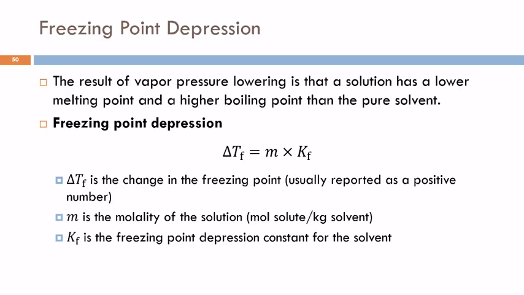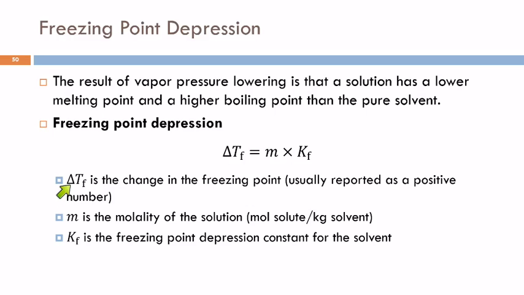So of course we can quantify this as well. Freezing point depression is given by this equation. The change in the freezing point, not the new freezing temperature, but the change in the freezing temperature, equals the molality. This is like the only place I can think of where we use it. The molality times a constant. It's a freezing point constant, and that will be for the particular solvent.